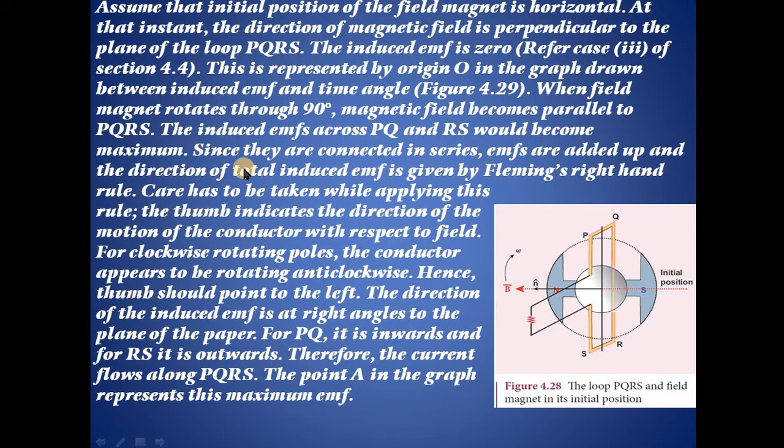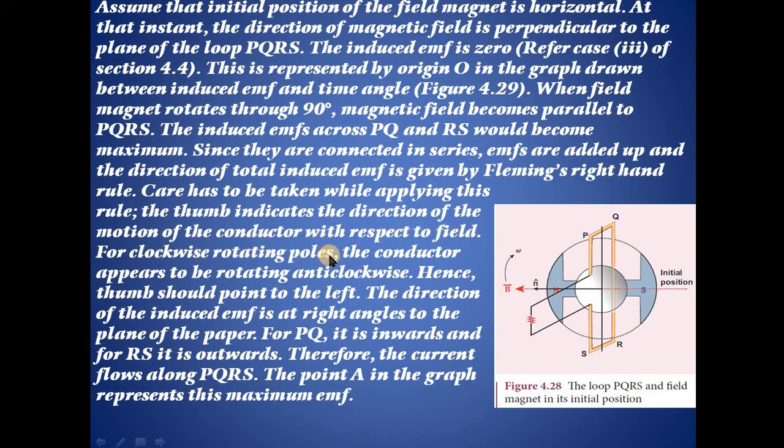Since they are connected in series, the EMFs are added up and the direction of total induced EMF is given by Fleming's right hand rule. Very, very important point, children. Please note it. Care has to be taken while applying this rule. The thumb indicates the direction of the motion of the conductors with respect to the field.